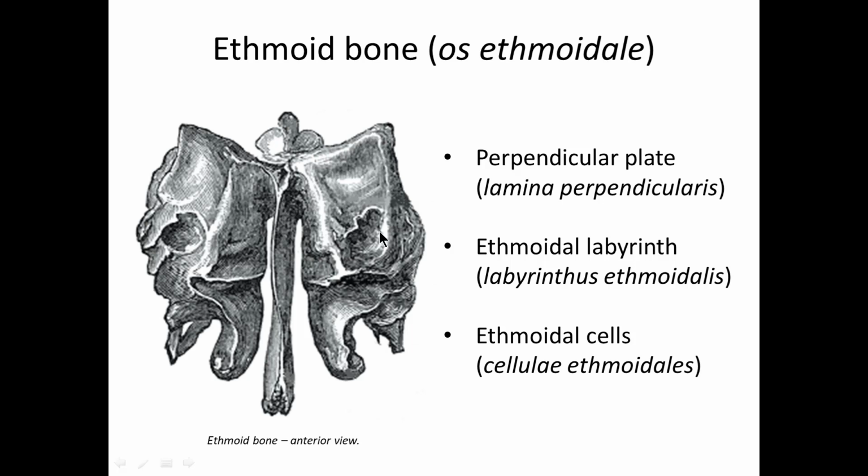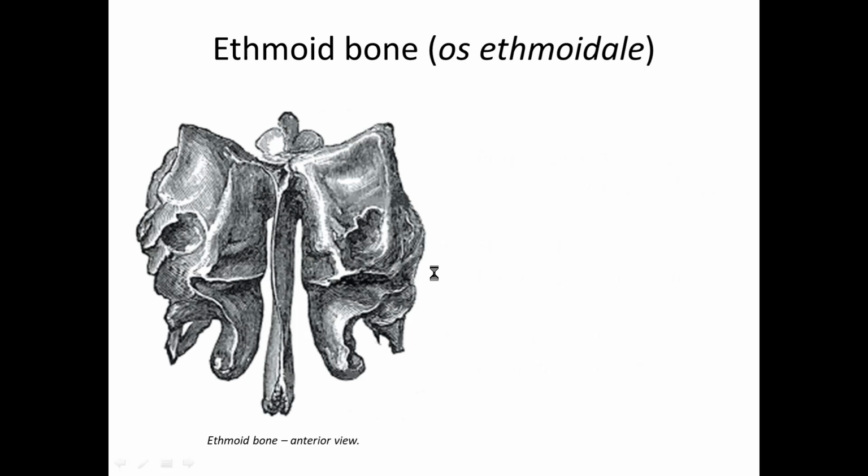This time the word cell has a different meaning, as it describes air-filled space, very similar to a sinus, only much smaller. Most laterally we will find the orbital plate here, also called paper plate. It limits the orbit medially.